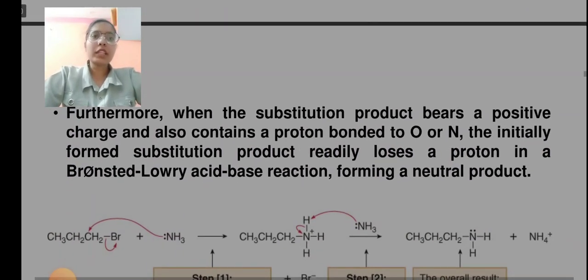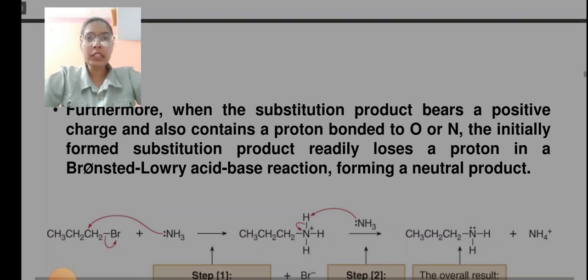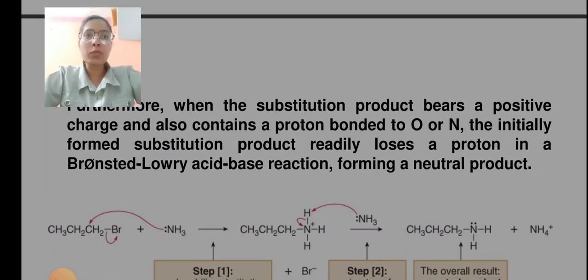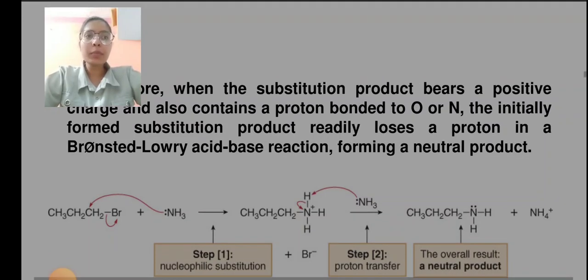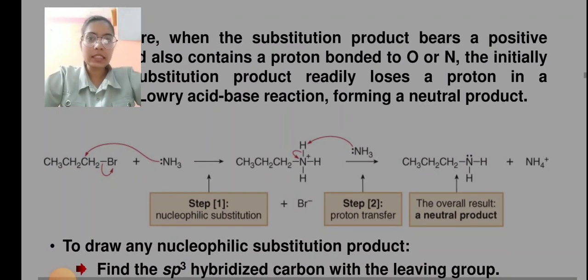Furthermore, when the substitution product bears a positive charge and also contains a proton bonded to O or N, the initially formed substitution product readily loses a proton in a Bronsted-Lowry acid-base reaction, forming a neutral product. So let's see the example.